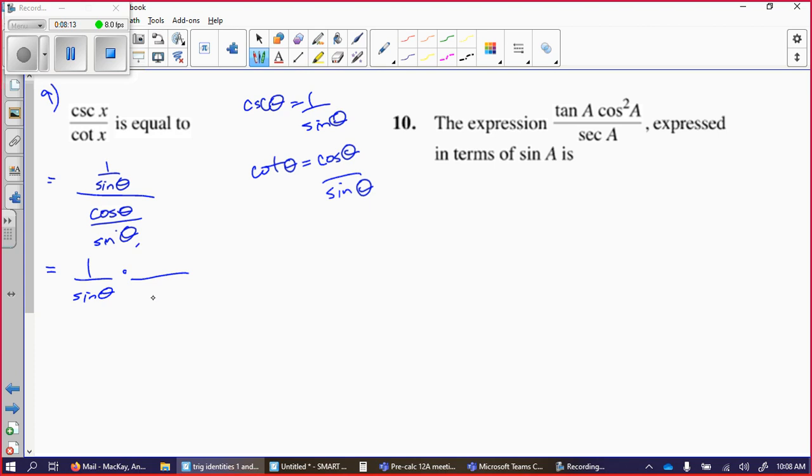The reciprocal of that is sine theta over cos theta. Those now cancel. We have 1 over cos theta, which we could also write as secant theta.